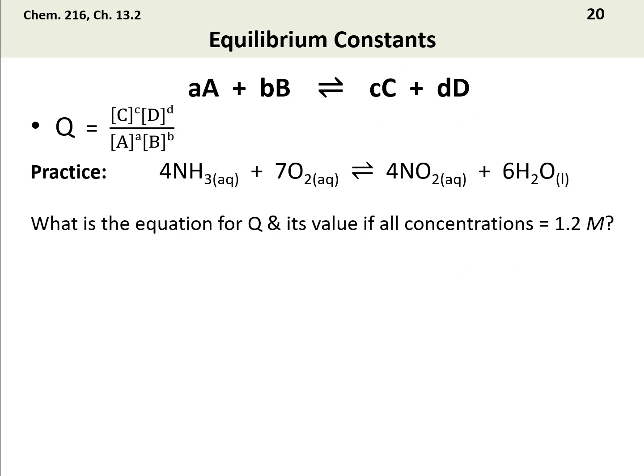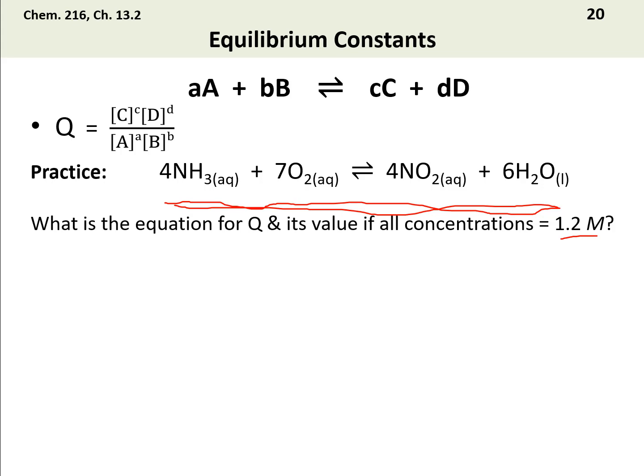So Q equals products over reactants, all to their different coefficients. Let's say we have this problem. We have this reaction here, and we want to know the equation for Q, and we want to figure out the value for it if the concentration is 1.2 molar.